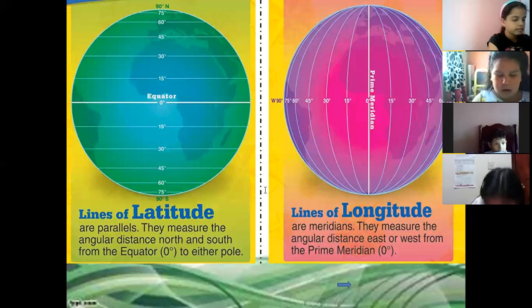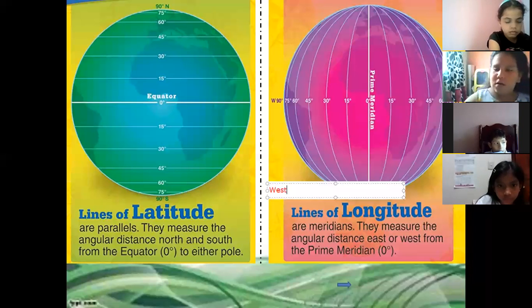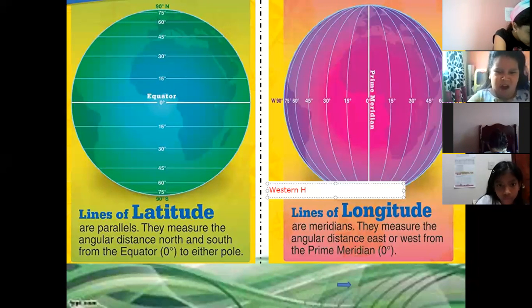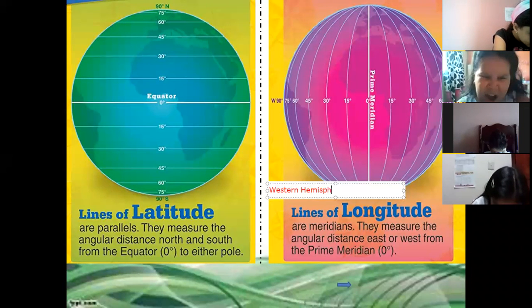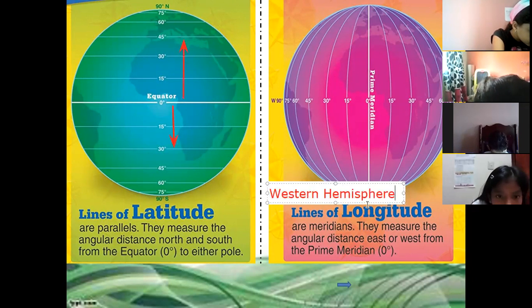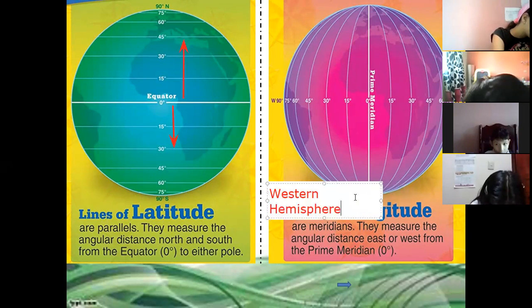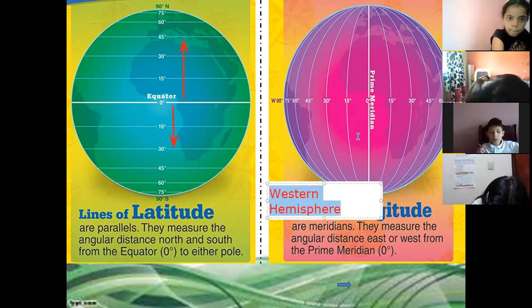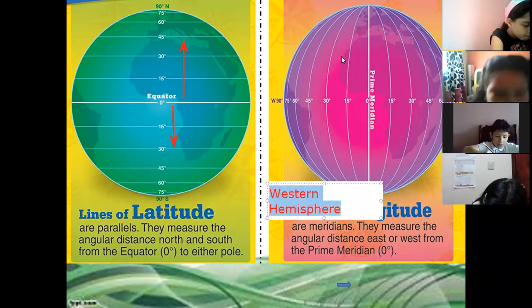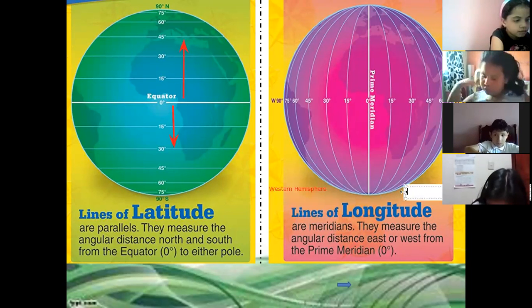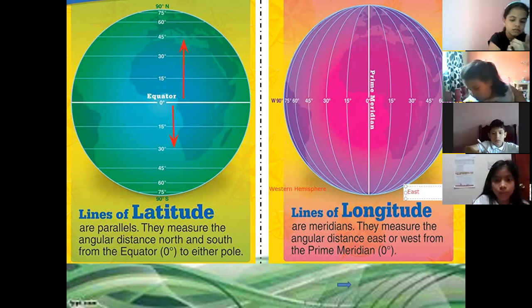This is western hemisphere. Okay, at this line, I did this letter too big. And at the other side is the east, here is the east. Where we are.